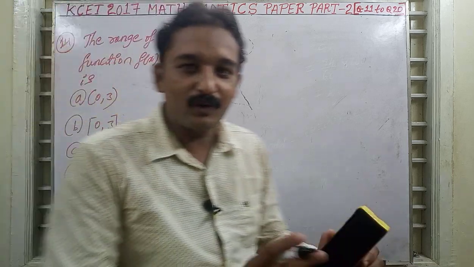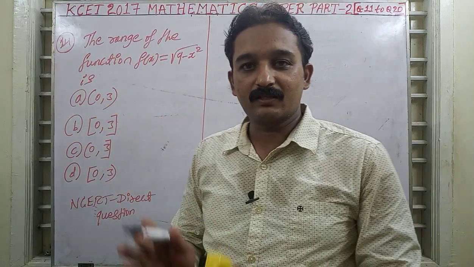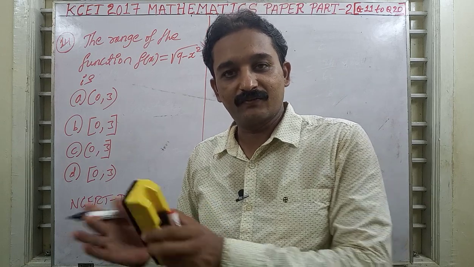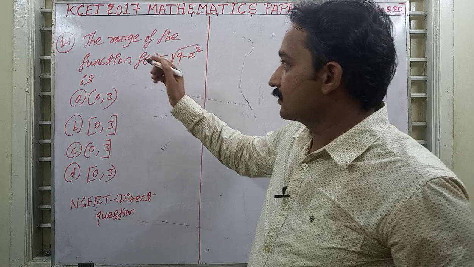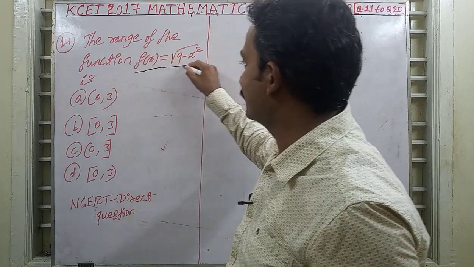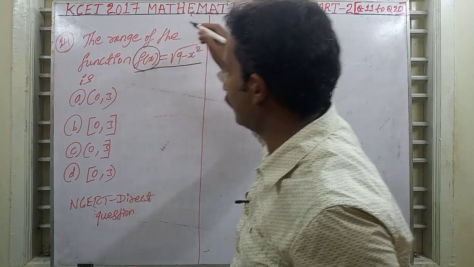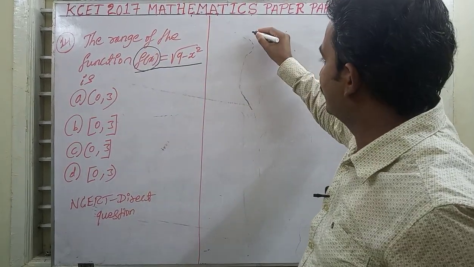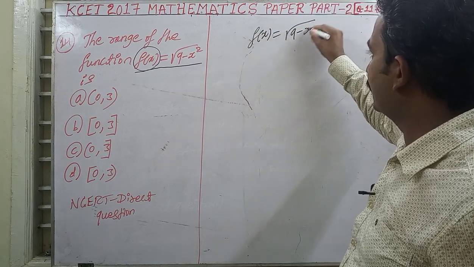So now let us move on to the next question, question number 14. This question is based on the chapter relations and functions, which belongs to the first year, particularly domain and range of the function. Here we have to find out the range of the function f of x. Range means f of x values. So let f of x be equal to the square root of 9 minus x square.